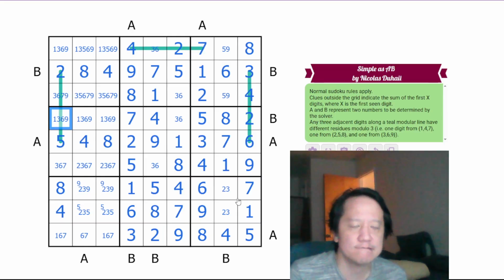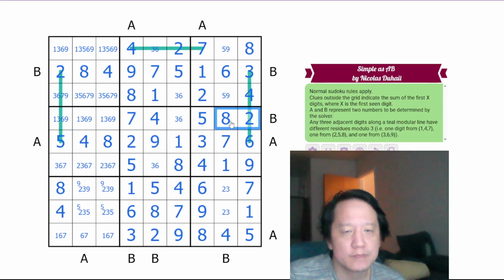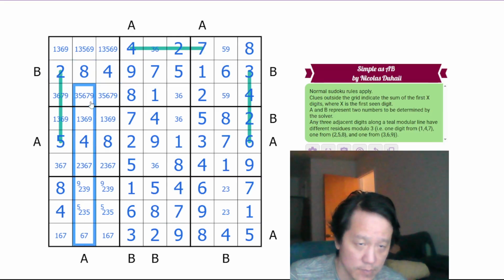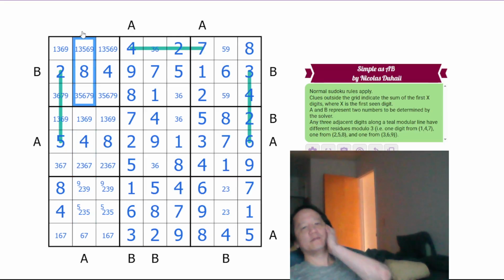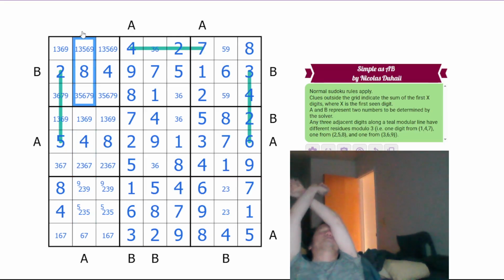Okay. Can this be 6? That means the remaining 3 digits.